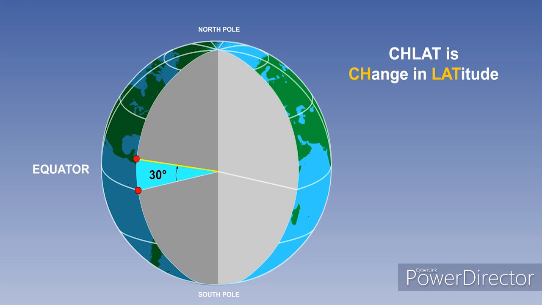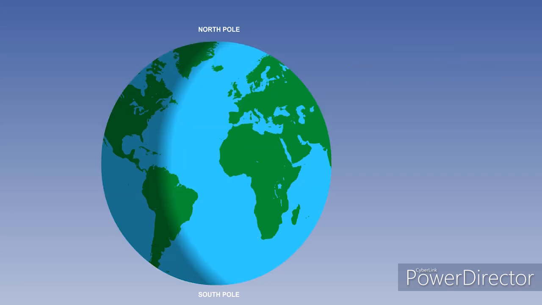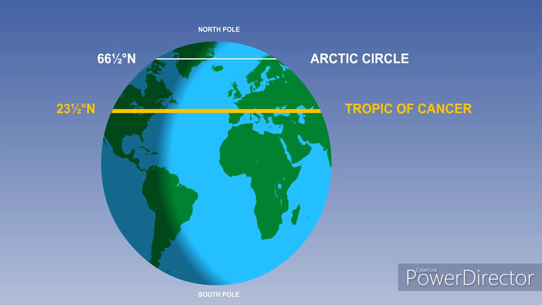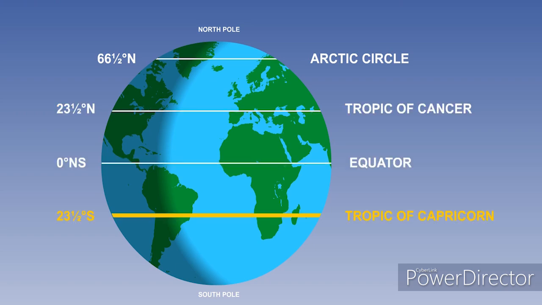Let's look at some special lines of latitude and the chelat when moving from one to another. There are several special lines of latitude on the Earth. These are the Arctic Circle, the Tropic of Cancer, the Equator, the Tropic of Capricorn, and the Antarctic Circle.